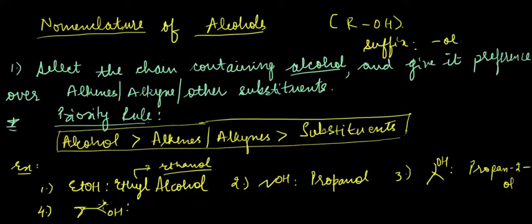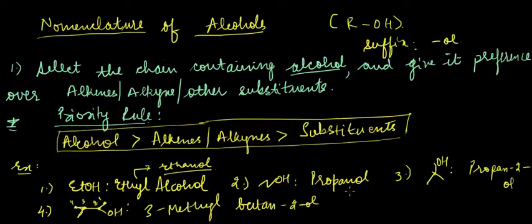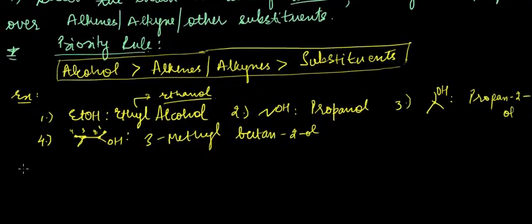Because we start the numbering from this carbon atom, since from here we find the OH group attached at the second carbon position. This is the third carbon, this is the fourth carbon. So this is 3-methylbutan-2-ol.